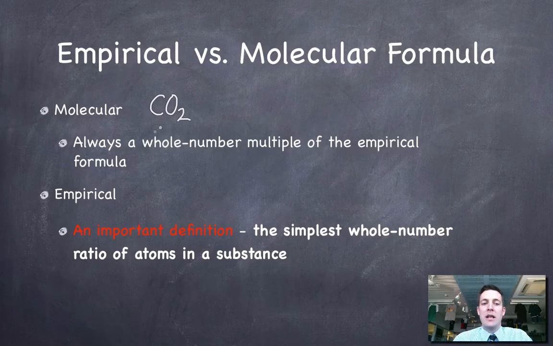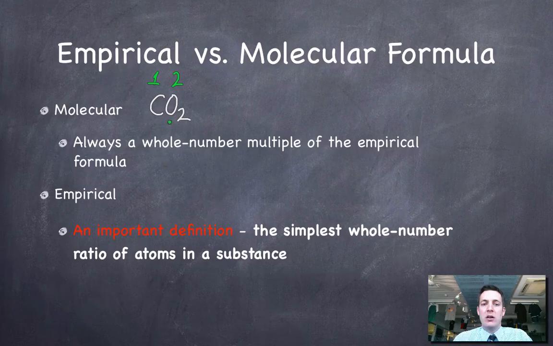And the molecular formula will always be a whole number multiple of the empirical formula, and we can understand that better if we understand what an empirical formula is. Because, and this is a really important definition to know, it's the simplest whole number ratio of atoms in a substance. Now, here the ratio of atoms is 1 carbon to every 2 oxygens.